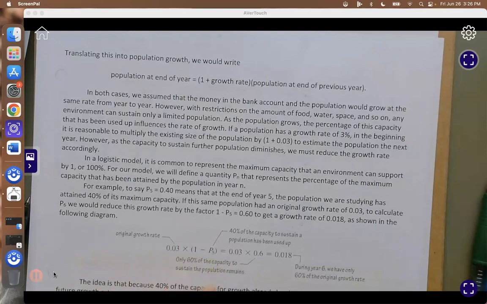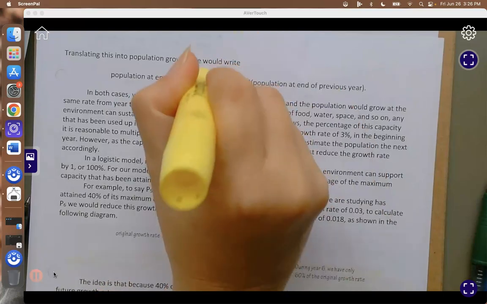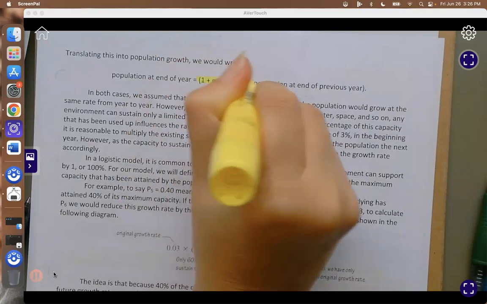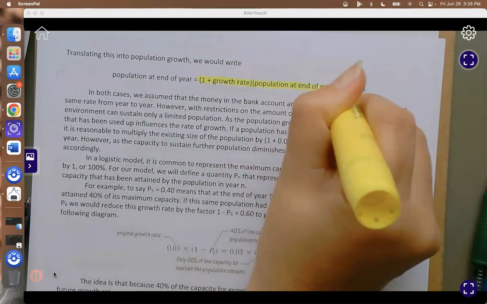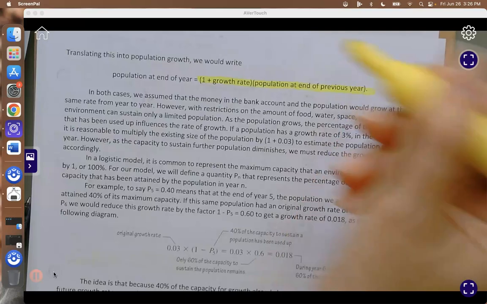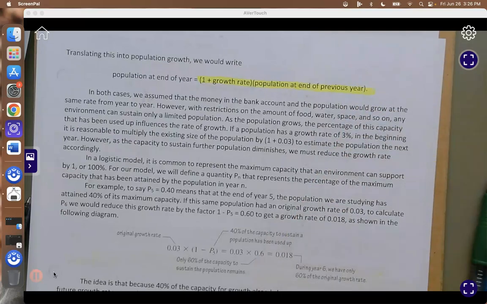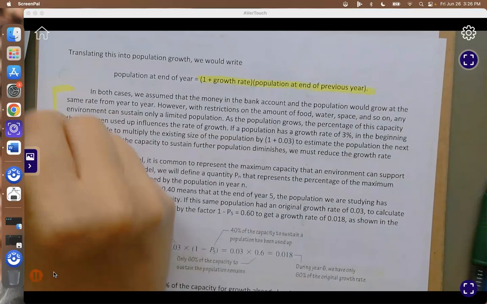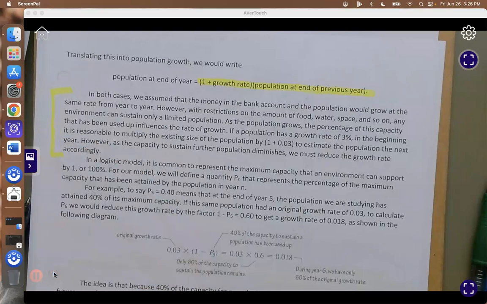So we would want 1 plus the growth rate times the population at the end of the previous year. So it changes every year. I'm going to put a little block here because I'm not going to color this whole thing. In both cases, we assume that the money in the bank account and the population will grow at the same rate from year to year.